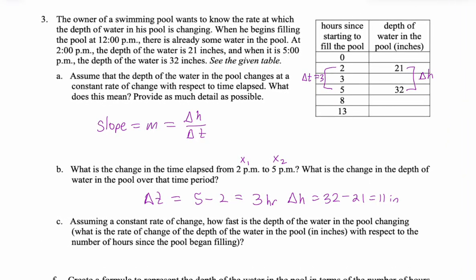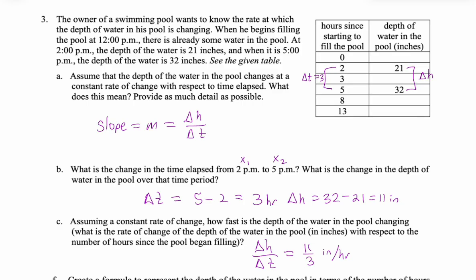And then if we move on to C, it says, assuming a constant rate of change, how fast is the depth of the water in the pool changing? What is the rate of the depth of the water in the pool in inches with respect to the number of hours since the pool has been filling? So we're talking about the change in height over the change in time, that slope, that constant rate of change. So it would be 11 over 3, and that would be inches per hour. So every hour it changes by 11/3.